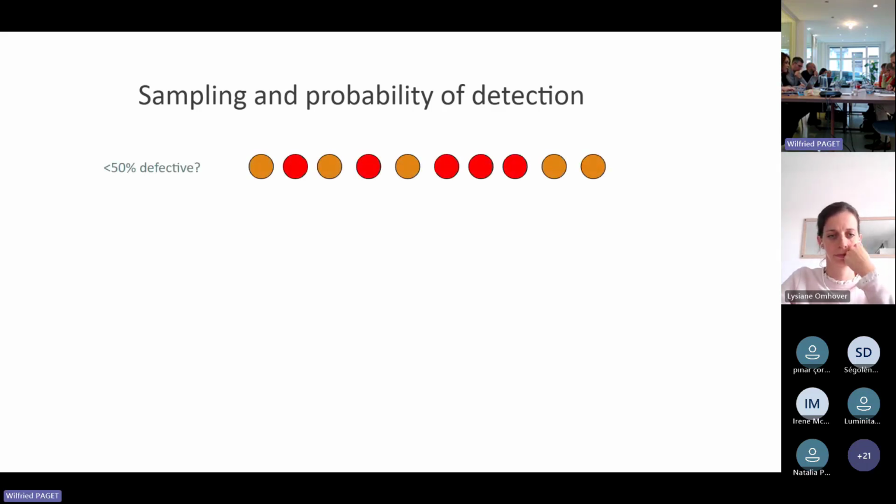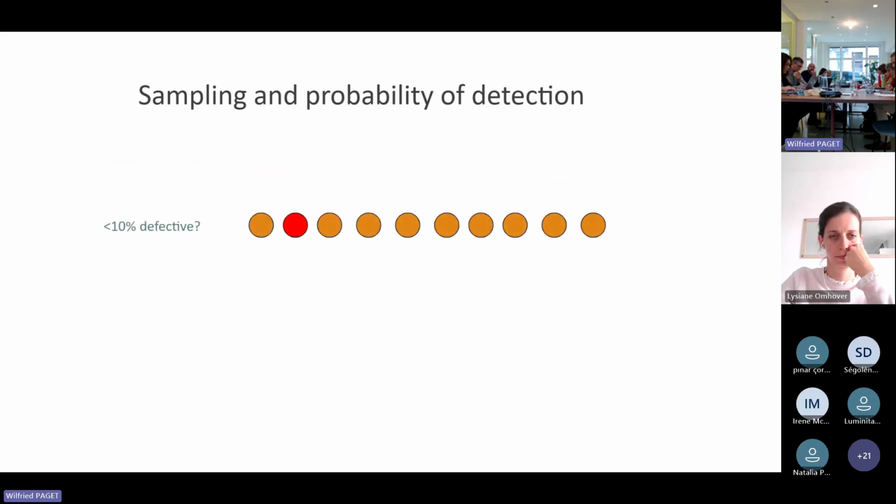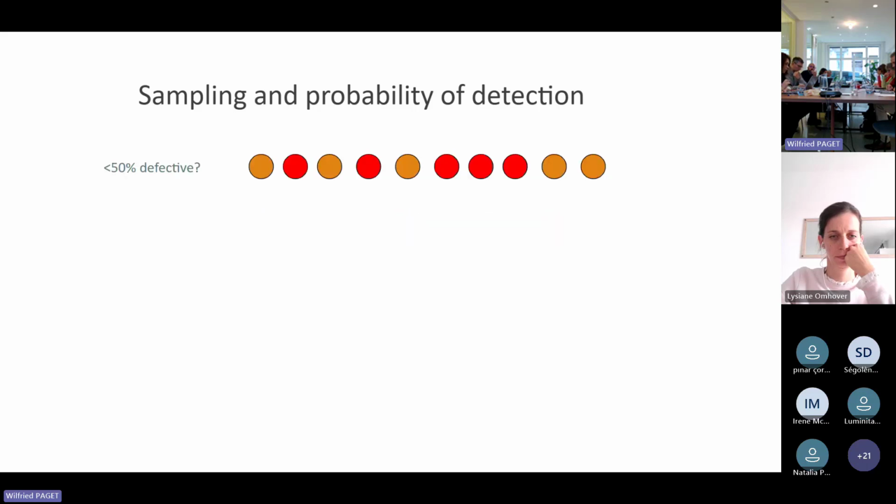To understand better about the probability of detection, because it is a term that we are going to talk about later, let us suppose that you have a population or a lot of 10 units, and 50%, so you have 5 units that are defective. So this is a very bad process.